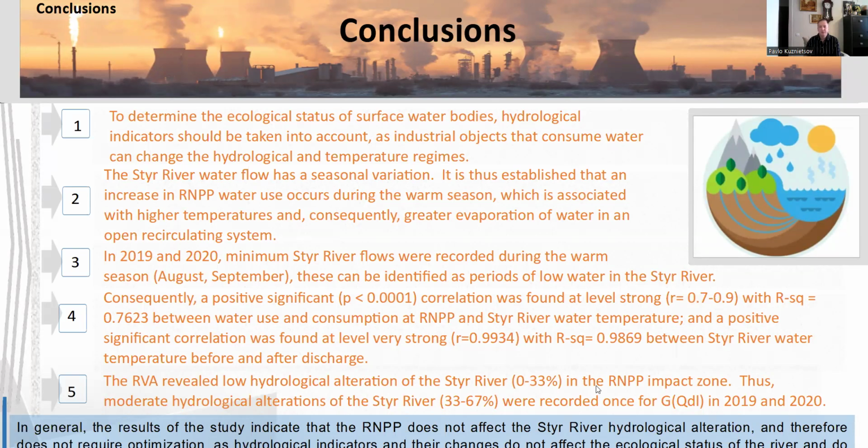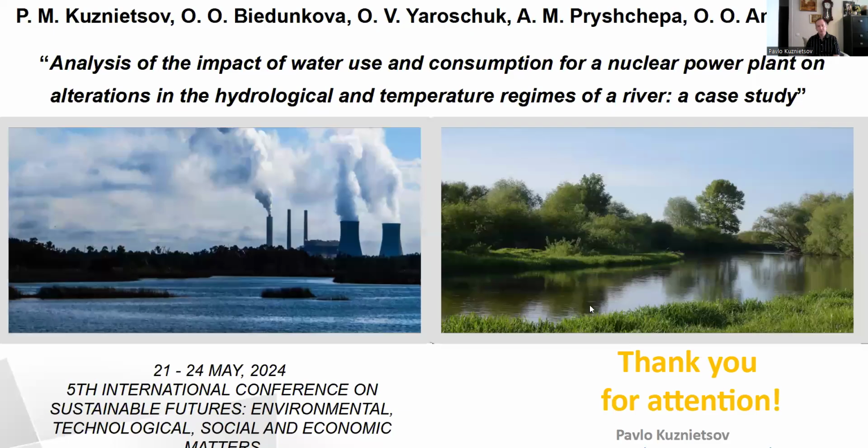The results of the study indicate that the Rivne NPP doesn't affect the Styr River hydrological alteration. Therefore, it doesn't require optimization, as hydrological indicators and the changes do not affect the ecological status and do not impede the achievement of the Water Framework Directive goals.